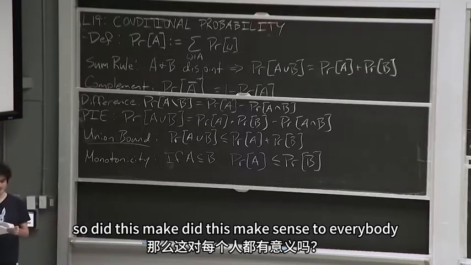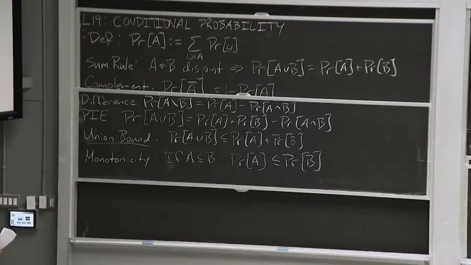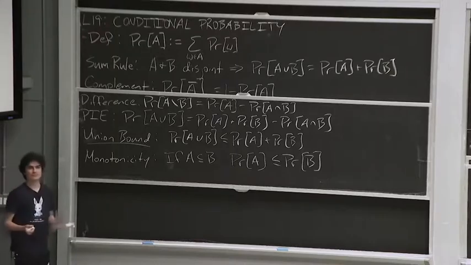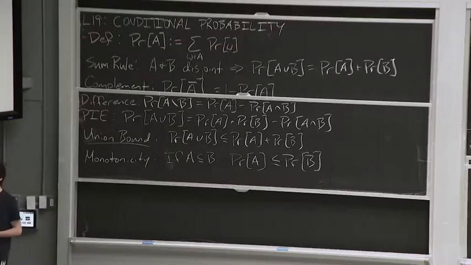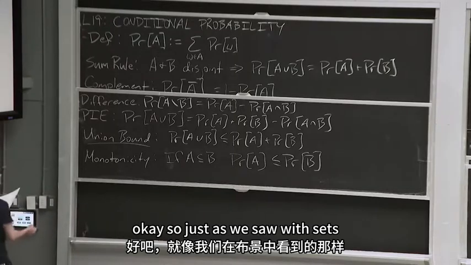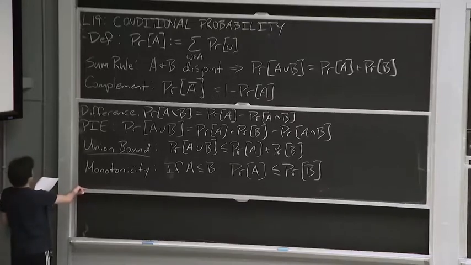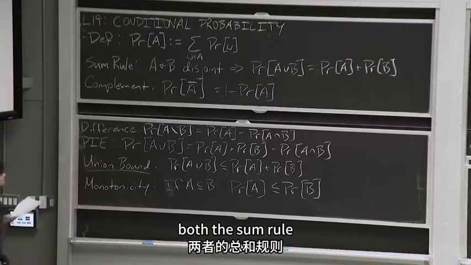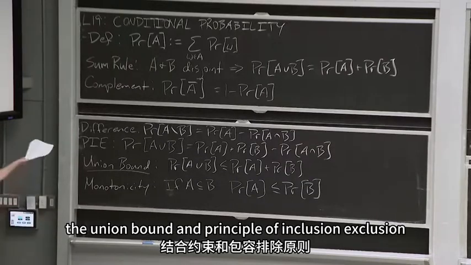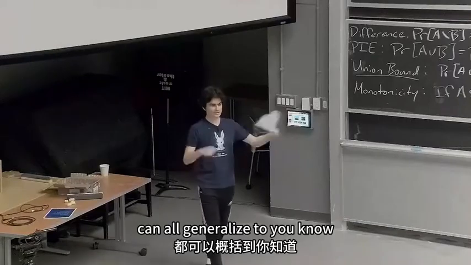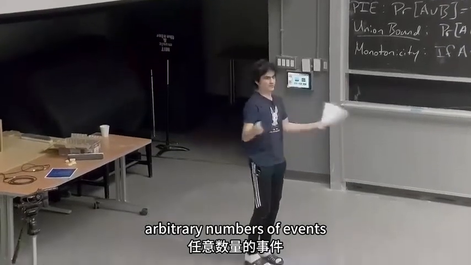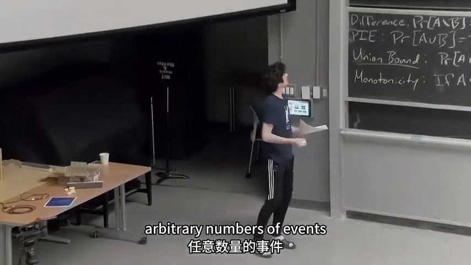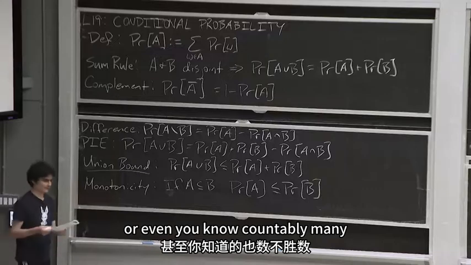So did these make sense to everybody? Okay, so just as we saw with sets, the sum rule, the union bound, and the principle of inclusion-exclusion can all generalize to arbitrary numbers of events, or even countably many.